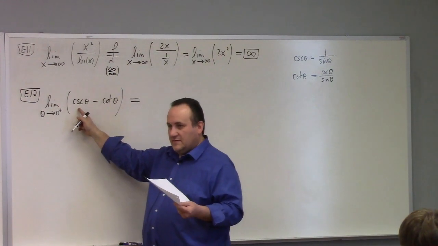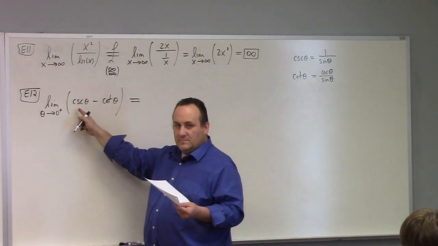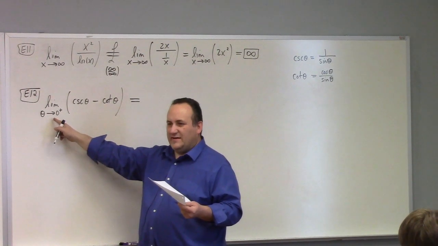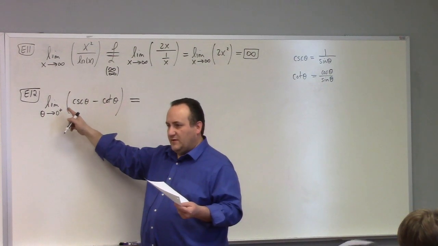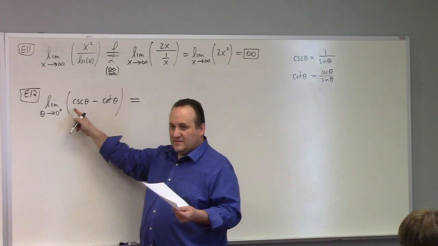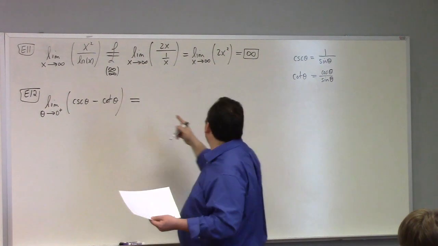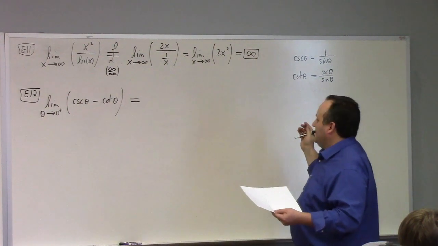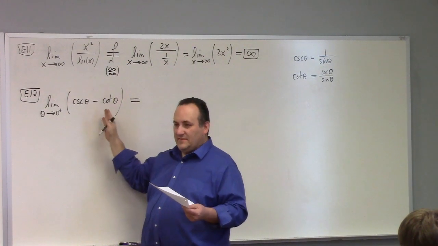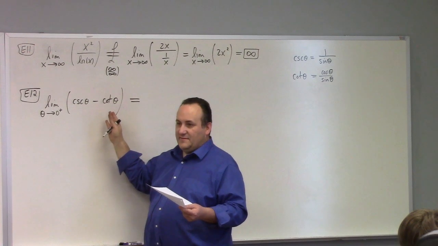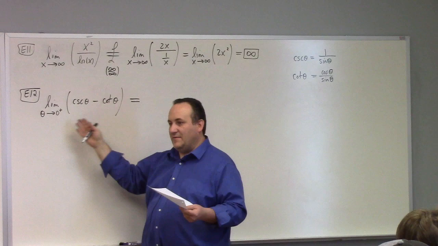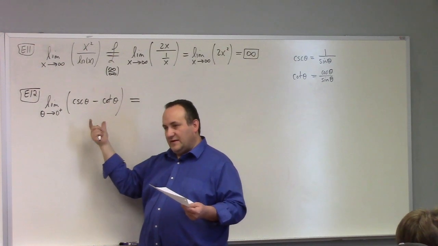From the left, this goes to minus infinity, because sine would be a little bit negative, and so you'd have 1 over a really small negative number, which would be like minus infinity. So from the right, it's infinity minus infinity. From the left, it's minus infinity plus infinity. Either way, this is the same kind of difference-of-infinities limit.